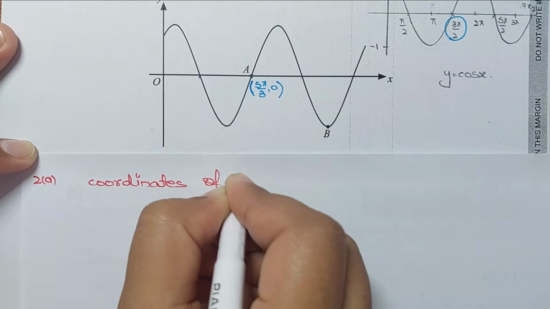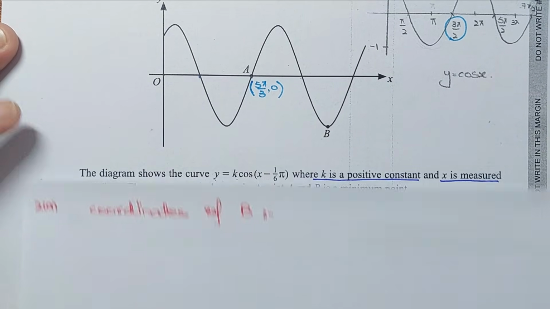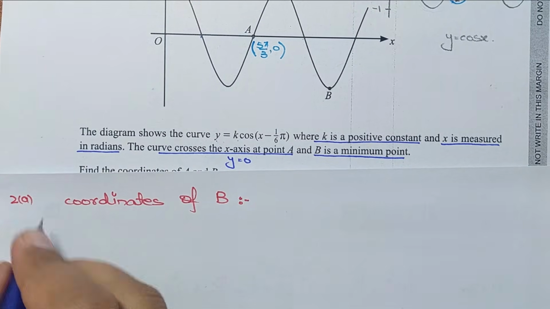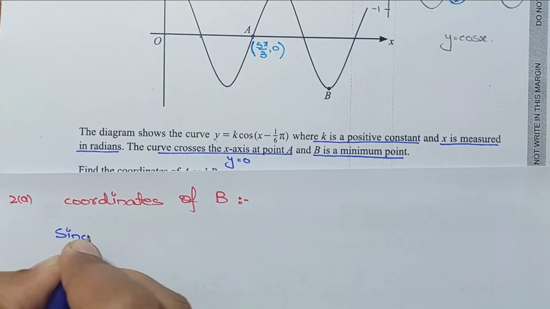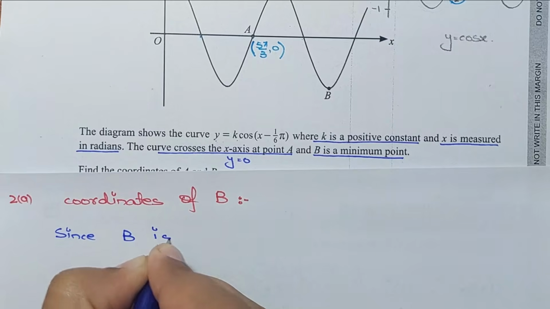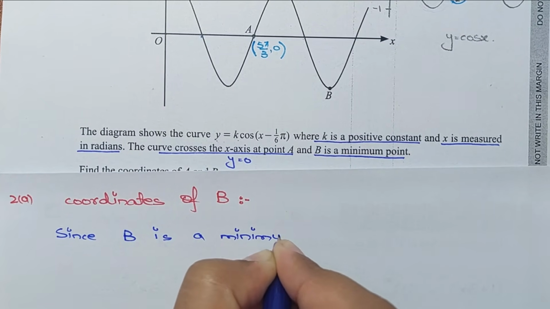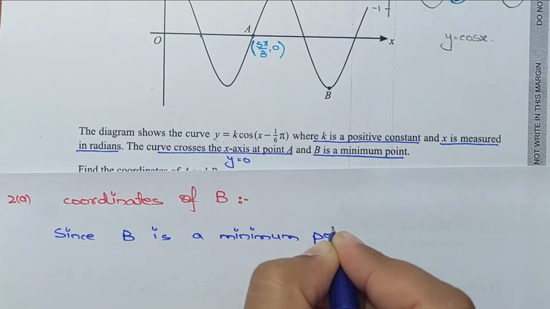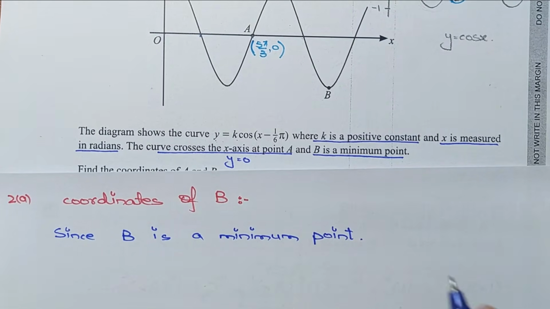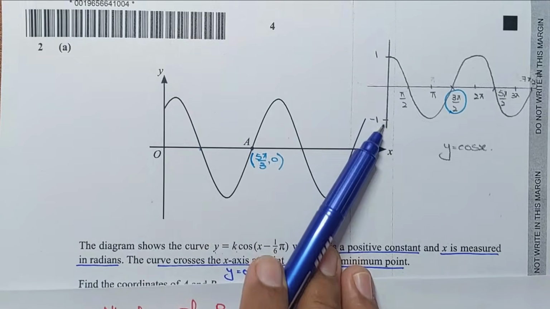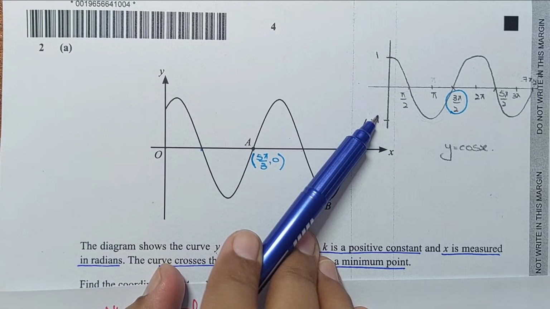Coordinates of B. Okay, as we know that B is the minimum point, and for the cosine function the minimum point is negative 1, right? Maximum point is 1, the minimum point is minus 1.